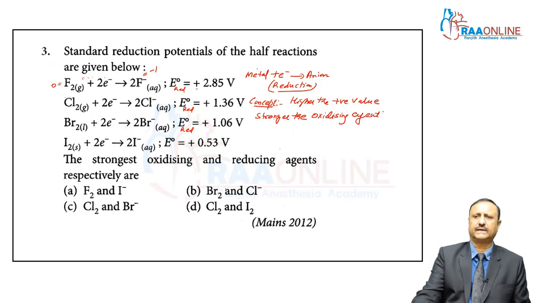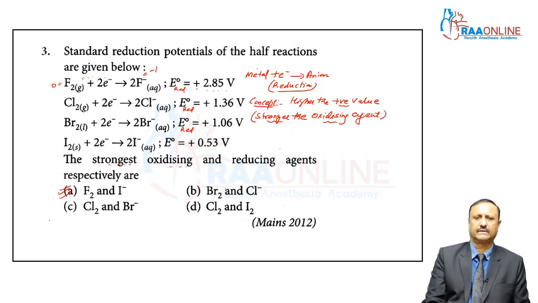That agent or element is a stronger oxidizing agent in which the positive value is higher. So, my dear students, this is the concept. Now, we can see the positive values here, this plus 2.85 volt. So, my dear students, the strongest oxidizing agent in these reactions is fluorine. Fluorine is the strongest oxidizing agent because fluorine has the plus 2.85 value.